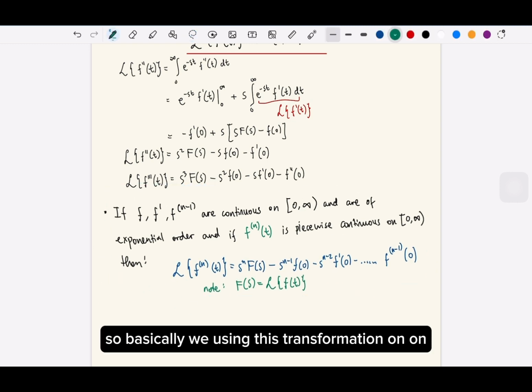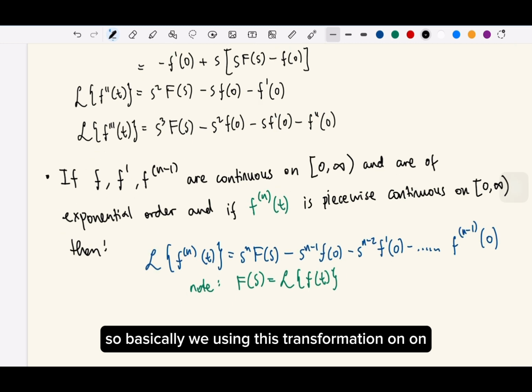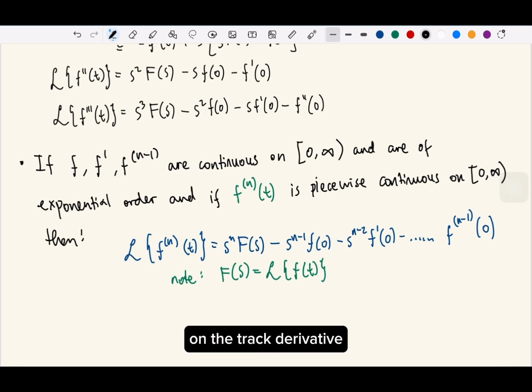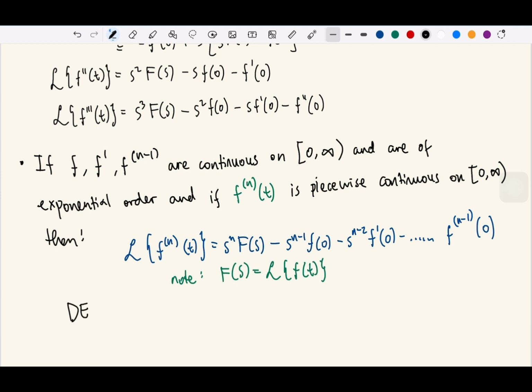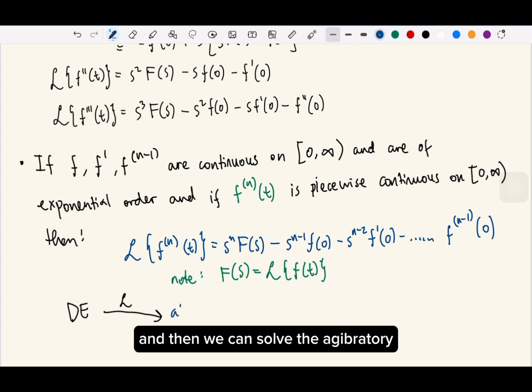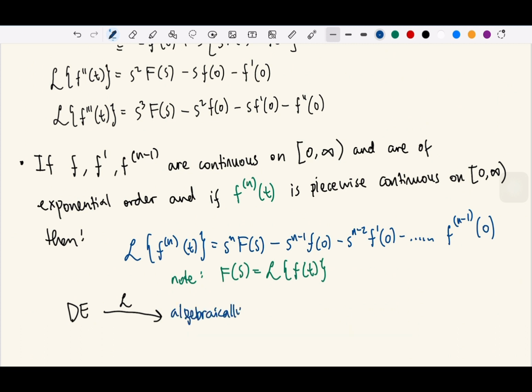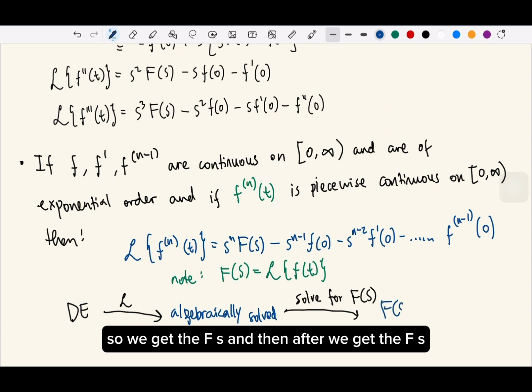So basically, using this transformation on the derivative, suppose that we have a differential equation, we can Laplace transform it, and then solve it algebraically for F of s.